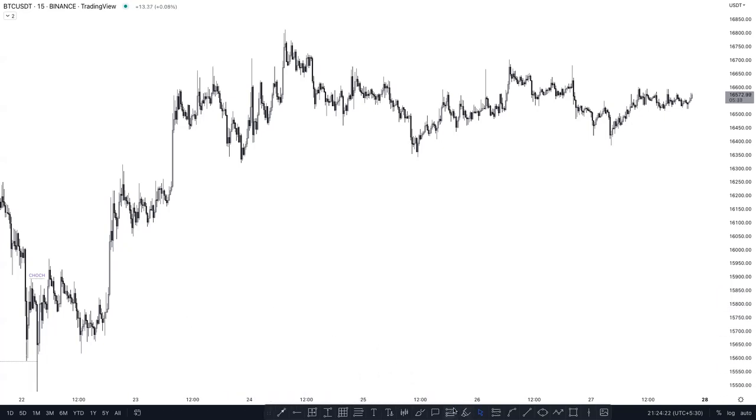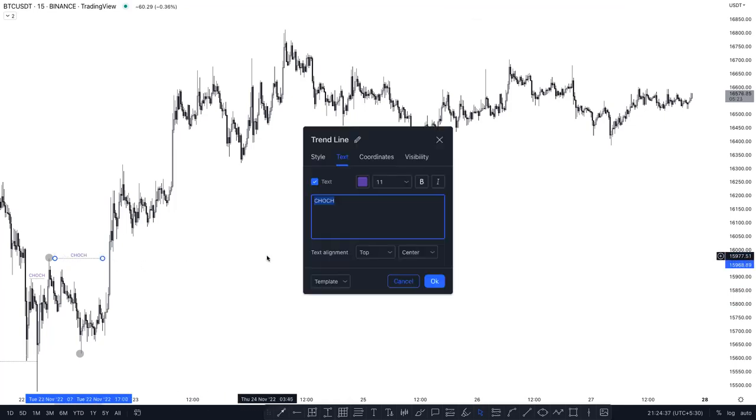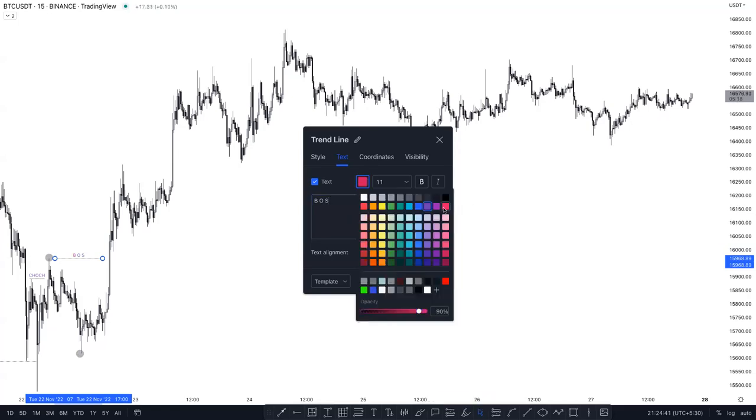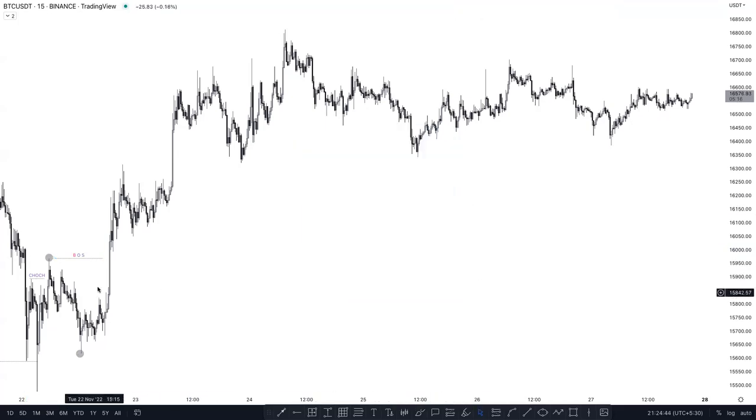And after this chop, our higher high is confirmed here because the market has taken out this inducement. And again, this becomes our break of structure. Again, it pushes a higher high and the market is not taking out this inducement.